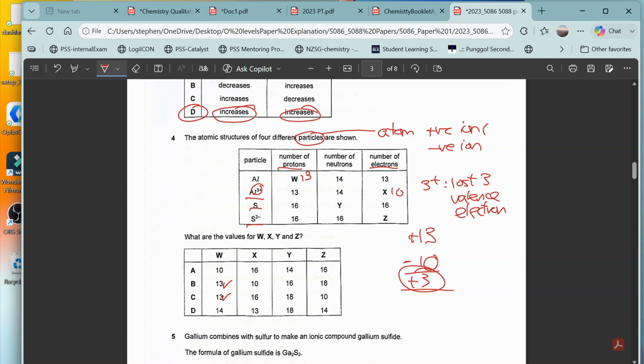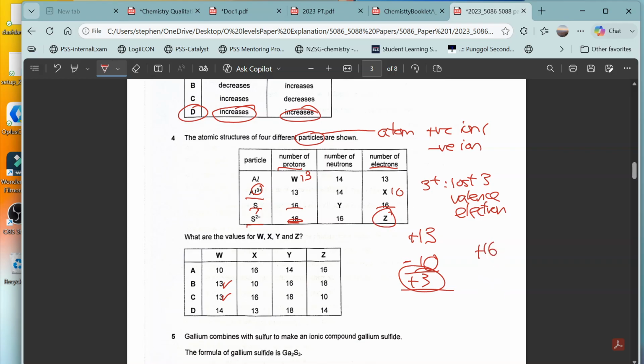So let's look at sulfur. If it's an atom, then 16 versus 16. Now can you see 2 minus there? What does that mean? That means something has happened to the particle and it has gained 2 electrons. So I do the sum again. 16, so positive 16 protons.